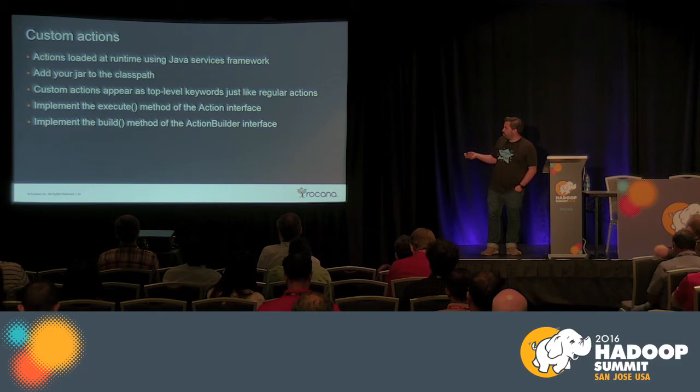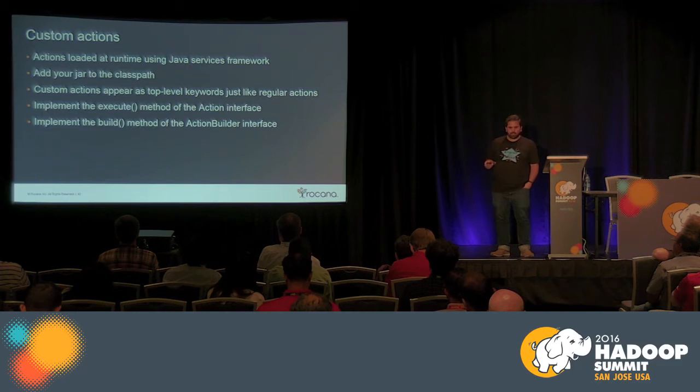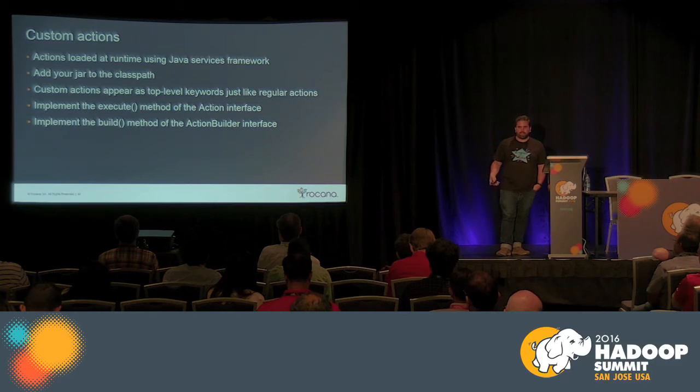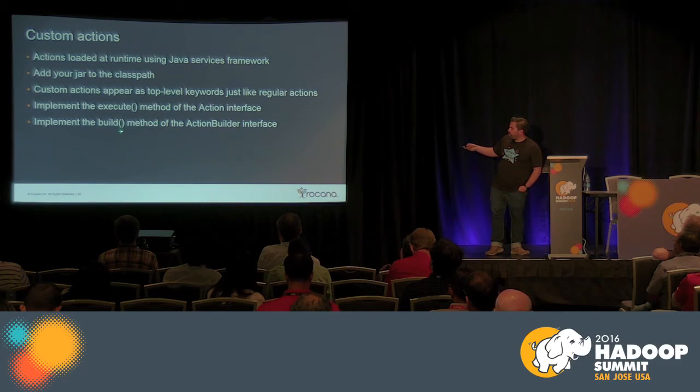And then there are two interfaces that you have to implement classes for. One is the action interface. That's what actually does the processing, and the only required method there is execute, which actually runs the action. And then we have an action builder interface, which constructs those action objects.